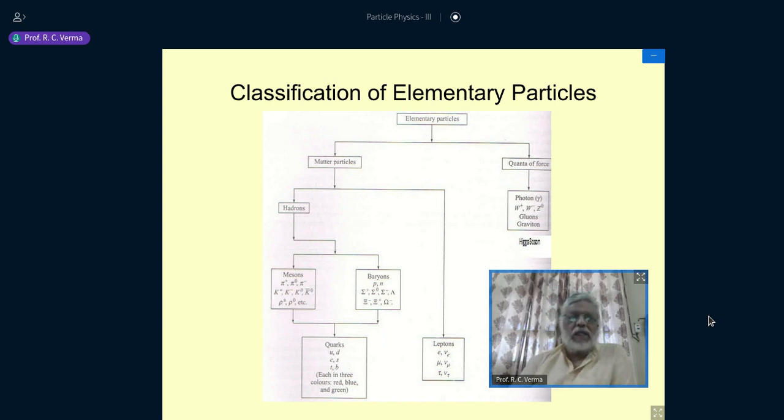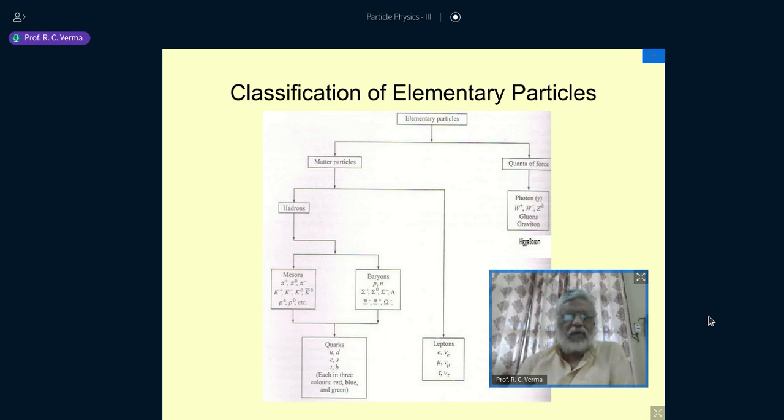There is an interesting similarity between quarks and leptons. Both are 6 in number. These quarks, up, down, charm, strange, top, bottom, or truth, beauty, we call by these names as flavors.